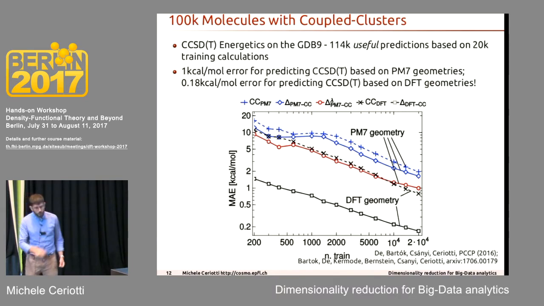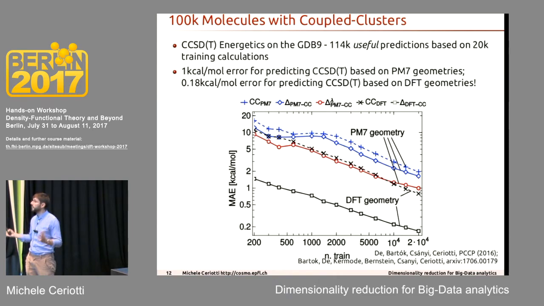What I've done in this curve has been using, for only these 20,000 train structures, information on how much the PM7 optimization went wrong. So basically, I am discarding the structures for which the PM7 geometry was very different from the DFT geometry. When I'm testing, I don't use this information.